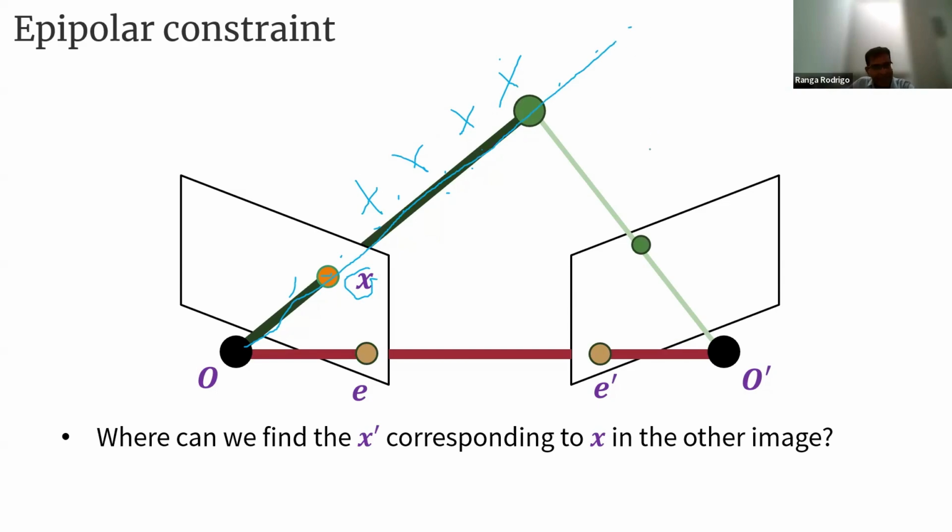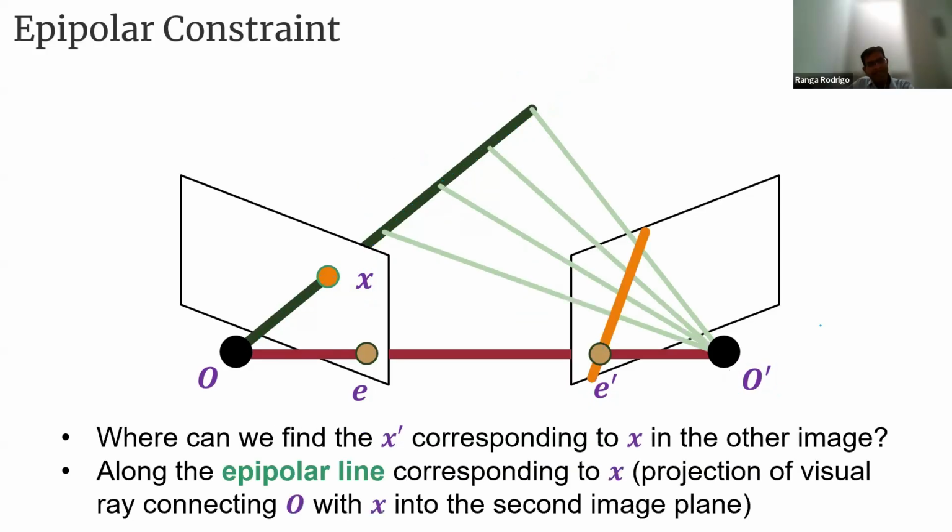So therefore, the corresponding image on the other camera can be anywhere on the image of this ray. That image of this ray is this line going through E. That's where the epipolar plane cuts the image plane. That's called the epipolar line.